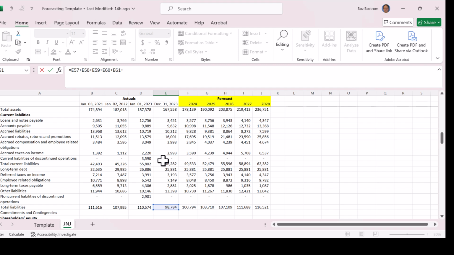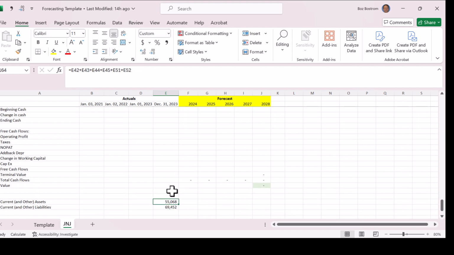And then I'm going to go to deferred taxes, and I'm going to go to employee benefit obligations. And I'm going to go to long-term taxes. And I'm going to go to other liabilities as well. But you notice that I did not use debt accounts in there. So right now, these are my current assets and current liabilities.